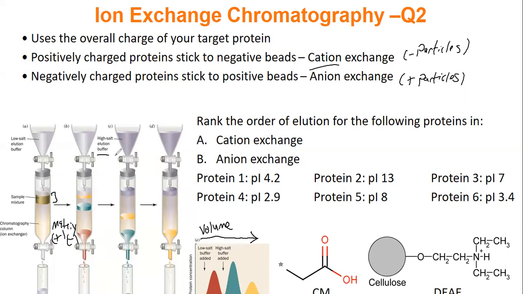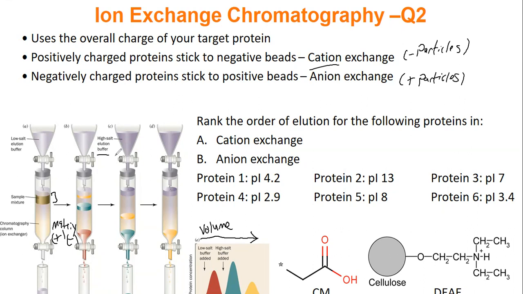To get the blue protein off, you would need a lower salt concentration than maybe the yellow protein. But you just flood your system with salt. This salt will bind to the column, knocking your protein off, and then you can collect your protein.